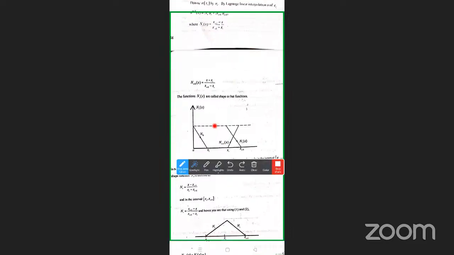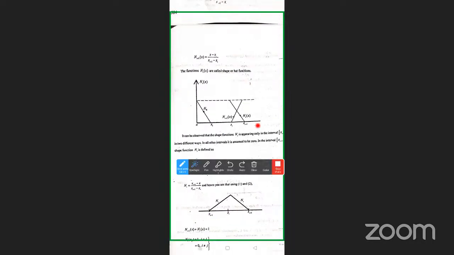The functions ni of x are called shape functions. So that is in the diagram. So this is x, and this is ni of x, on the x-axis. So a, that is x naught, x1, x2 up to xi plus 1.